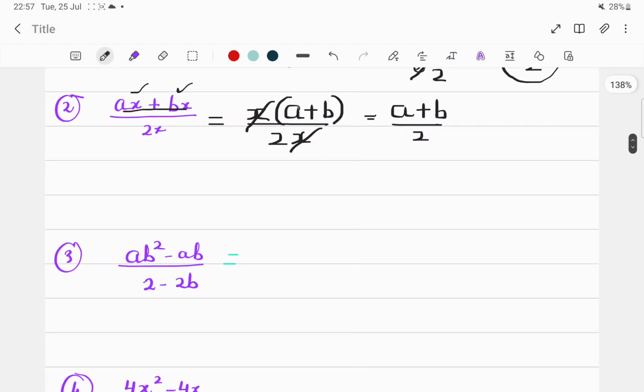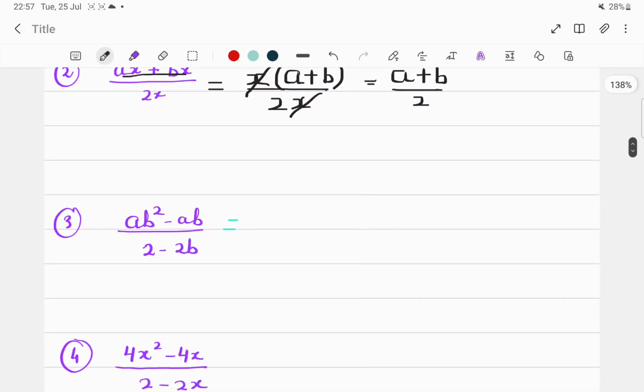Then the next question is ab squared minus ab over 2 minus 2b. Here ab squared means a multiplied by b multiplied by b, minus a multiplied by b, and the whole thing divided by 2 minus 2 times b.